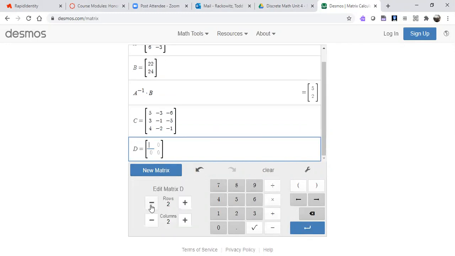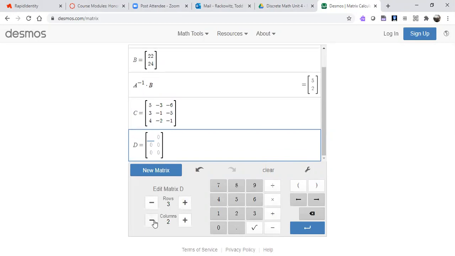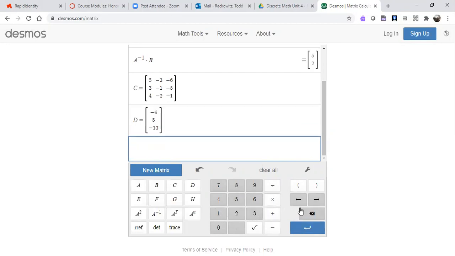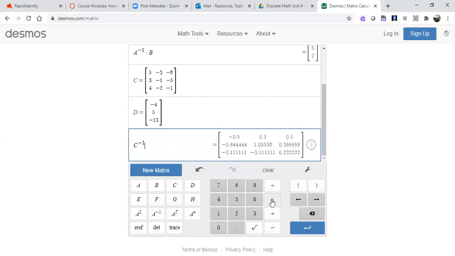Then I need that 3 rows by 1 column for my 3 solutions of -4, 5, and -13. And then same operation. So take your coefficient to the -1 power times the solution matrix. So in that one, x equals -2, y equals 4, z equals -3.